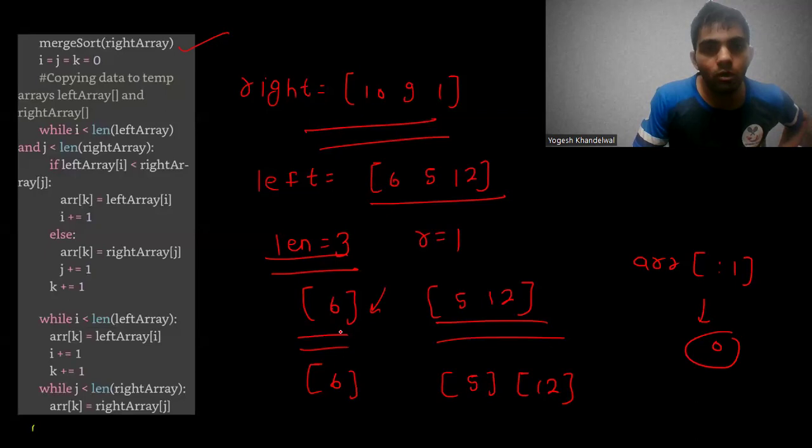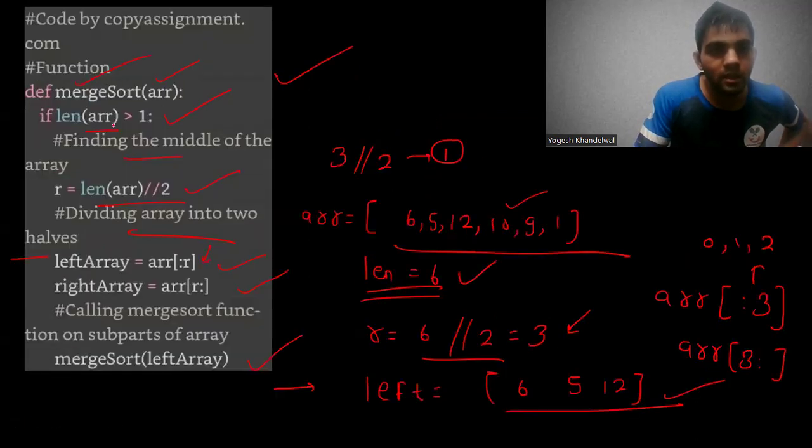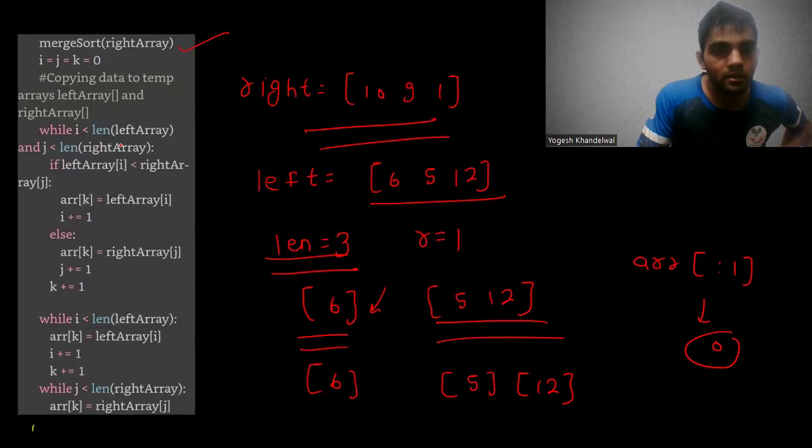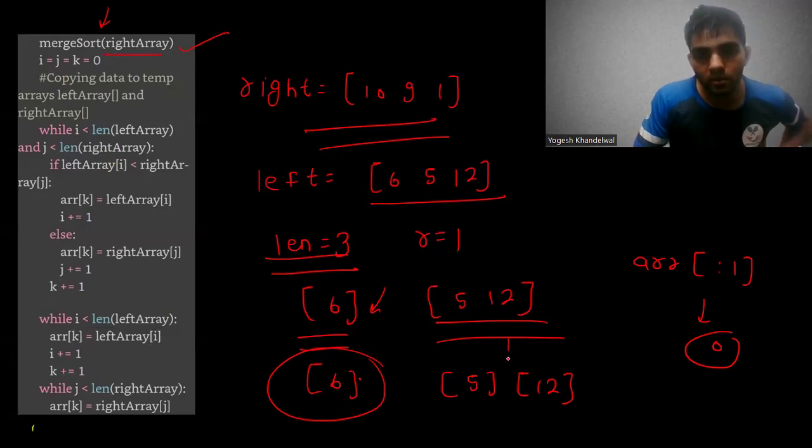Here the length of the array is less than 1, so this function will not run, and here also this function will not run, so this will become like this. Then comes the right part, like this part.